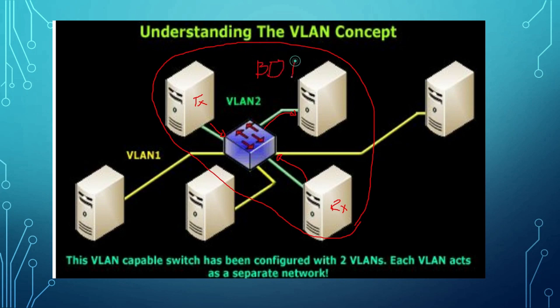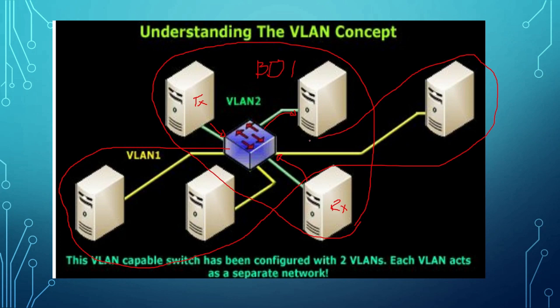Under sa BD1, yung VLAN 2 natin, yung broadcast domain nila is nandito lang. Dito lang siya nag-access. Unlike sa VLAN 1 natin, yung broadcast domain niya is within them lang. This will be our BD2.